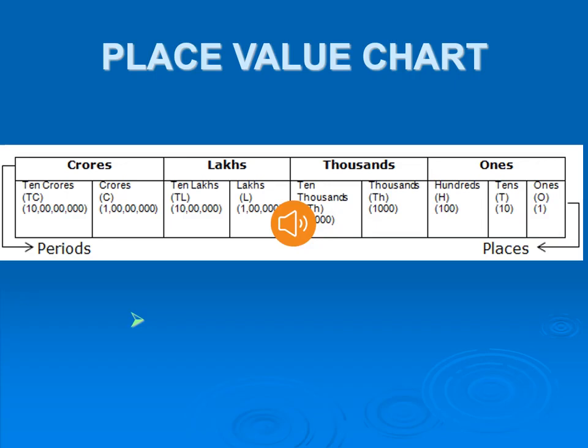The first family, that is the ones family, has 3 members: ones, tens and hundreds. The second family is of thousands and has 2 members, thousands and 10,000s. The third family is of lakhs and the members are lakhs and 10 lakhs. The fourth family is of crores and has 2 members, crores and 10 crores.